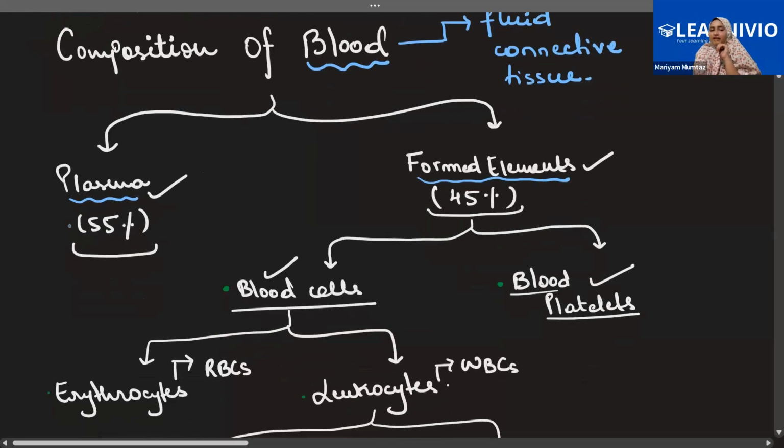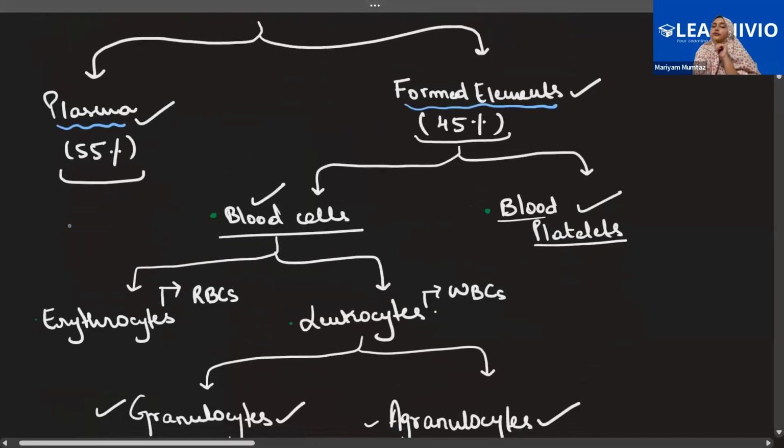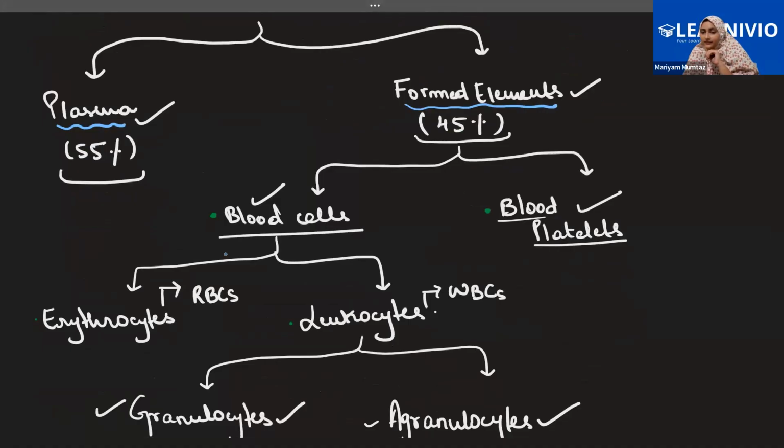Now, plasma we'll discuss later, but under the label of formed elements, we have the blood platelets and we have the blood cells. These are two different things. Remember that the platelets are not cells. We'll see what it is and what it is not. There are so many good things in this chapter, students. You people are going to enjoy it a lot. This is a very nice chapter.